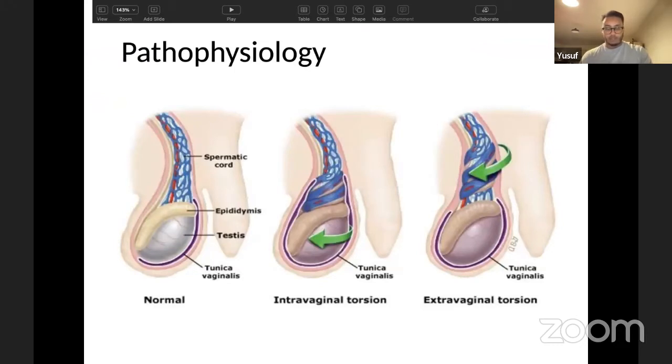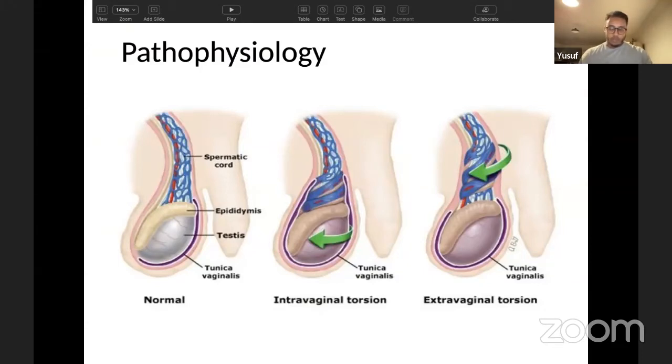If you look at the middle diagram, this is a picture of a torsion where you can see that the spermatic cord is twisted around. Essentially that means you've got an obstruction to the arterial inflow and to the venous outflow of the testis. Obviously, if this goes on for too long, and we tend to get worried about 6+ hours, then there's a high risk of losing the testis and needing an orchidectomy.